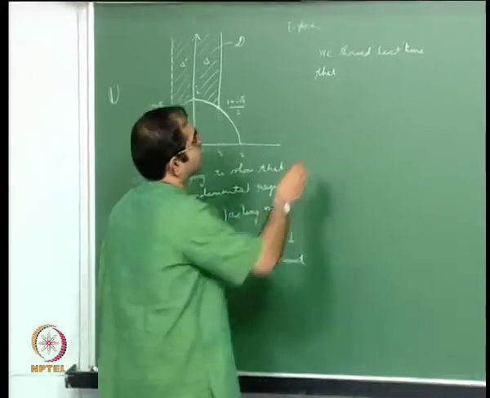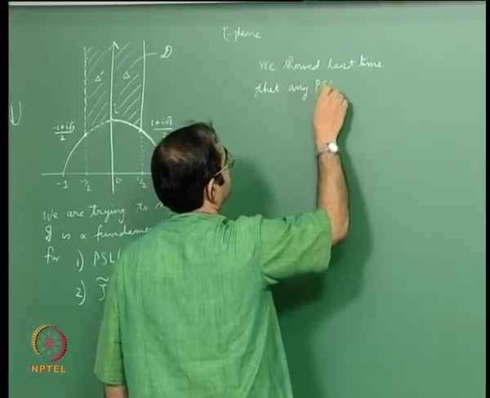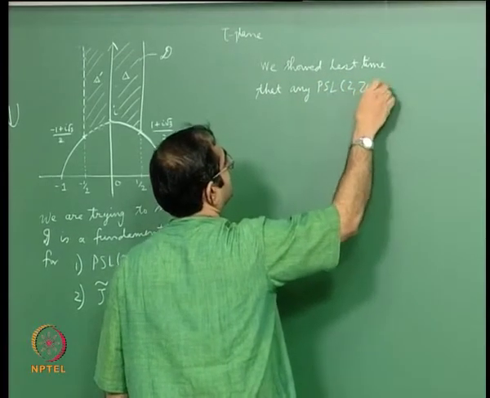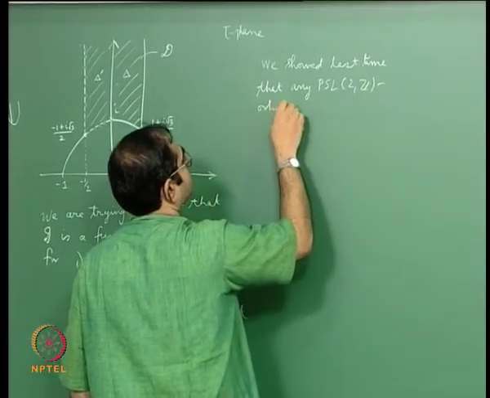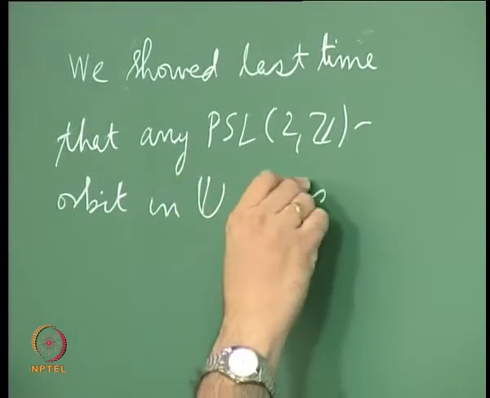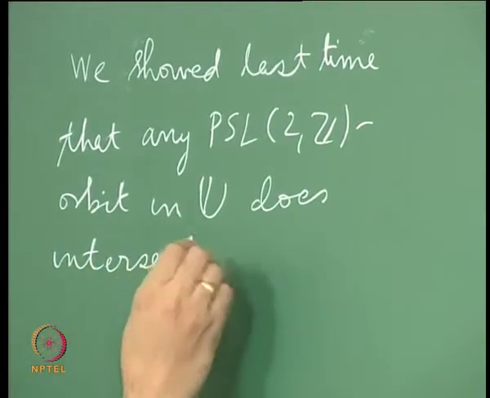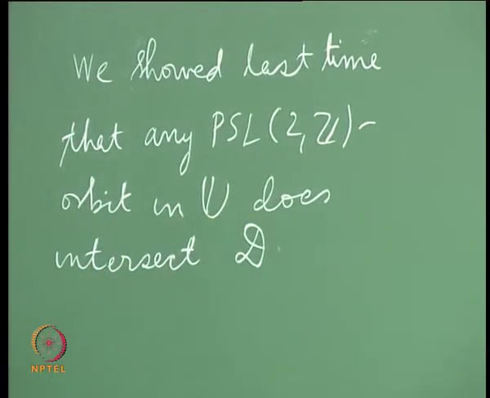We showed last time that any PSL2Z orbit in U does intersect D. What does it mean?